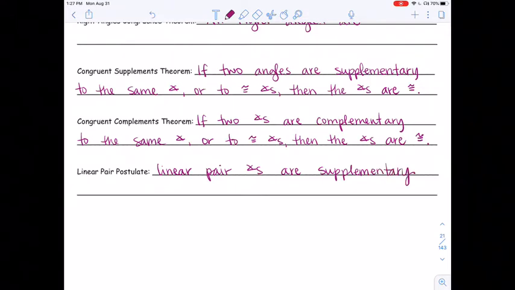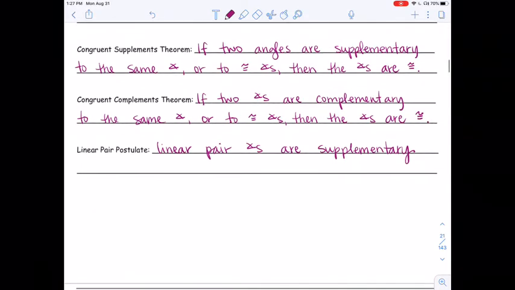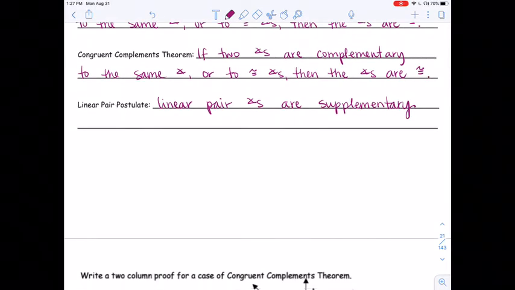Okay, so let's draw out some examples down here at the bottom of our congruent supplements theorem and our linear pair postulate. Let's start out with our linear pair postulate. So if I have a set of angles here, maybe they are angles 1 and 2.